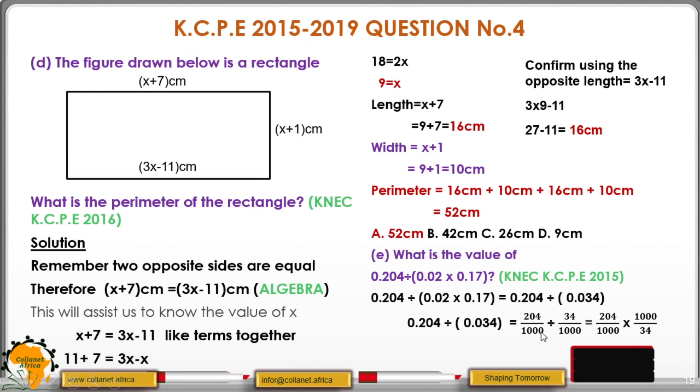This one can be over 1,000 because it has 3 decimal places. So in this case, you change this one to multiplication by getting the reciprocal. After you have done that, you cancel 1,000 by 1,000, and then 34 divided by 204, divided by 34, you get 6. So the answer is 6.